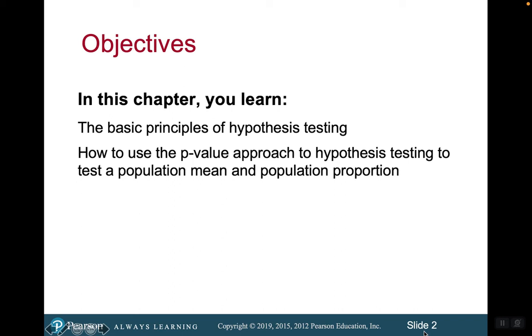We're going to use something called the p-value approach to hypothesis testing to test a population mean and a population proportion. Because once again, we're dealing with uncertainty, and the way we compensate for it is we apply a level of discipline around how we frame the question and how we evaluate the answer.